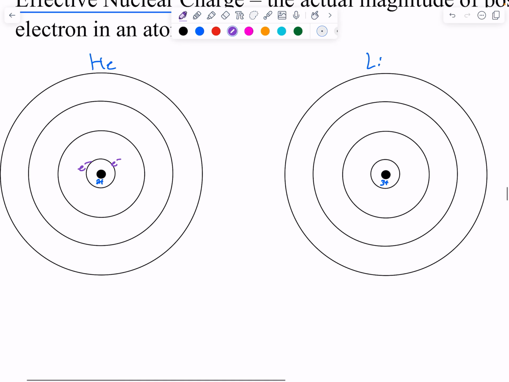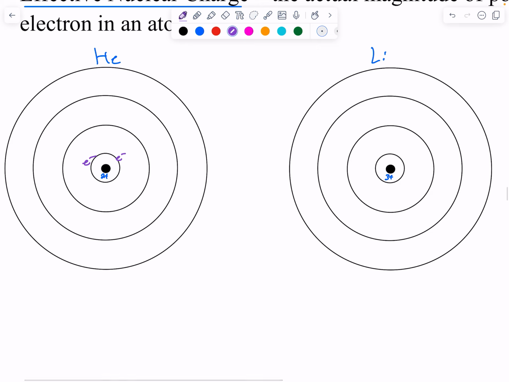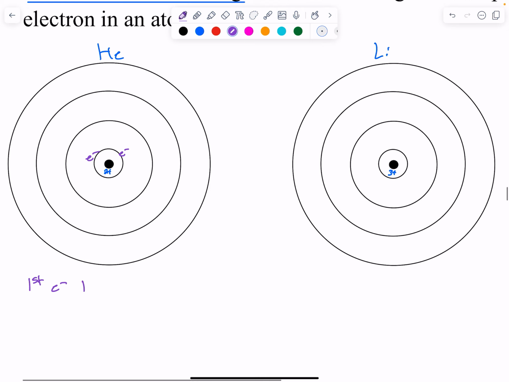If I were going to remove the first electron, doesn't matter which one, that first electron to remove cost me 3.94 times 10 to the negative 18 joules. All right.